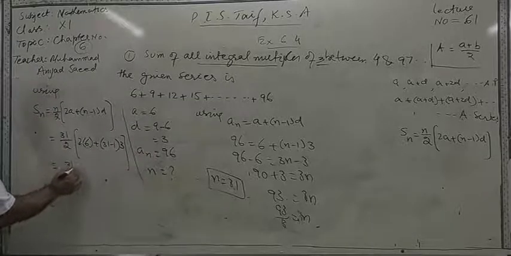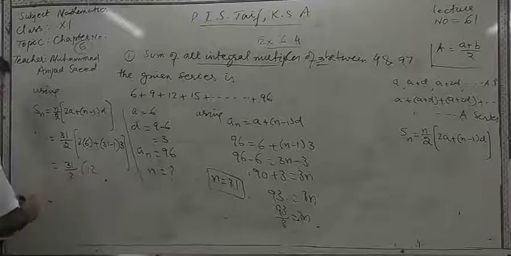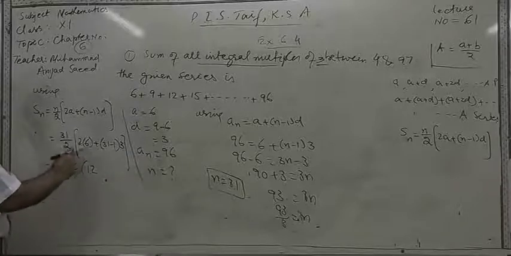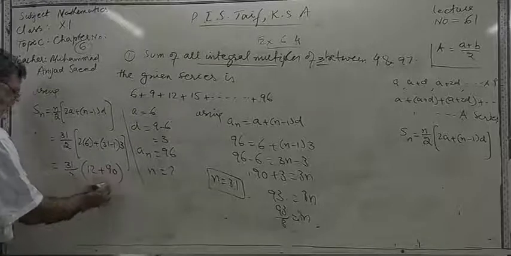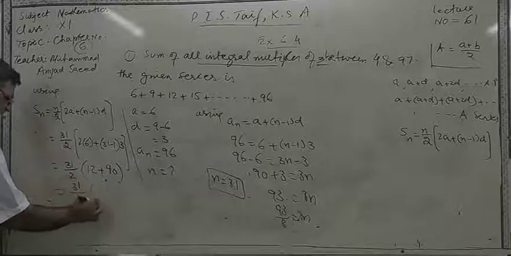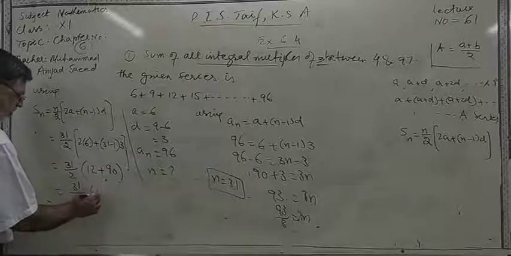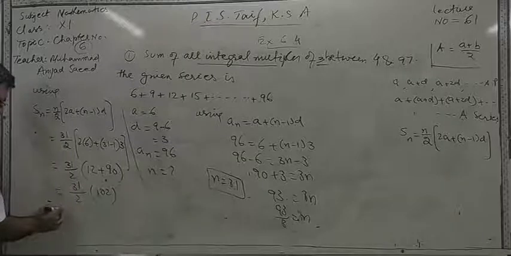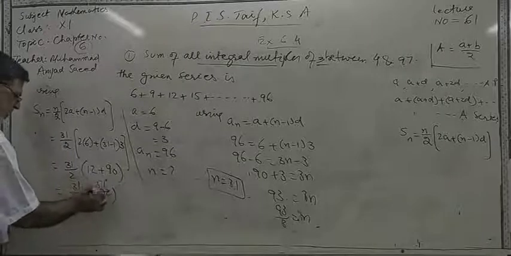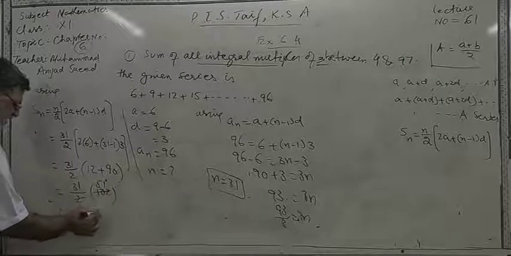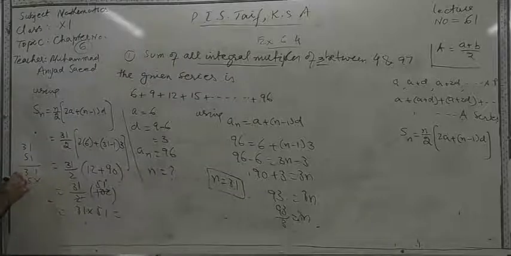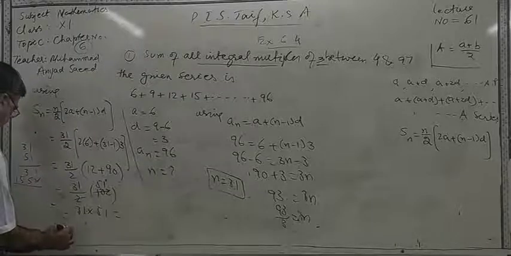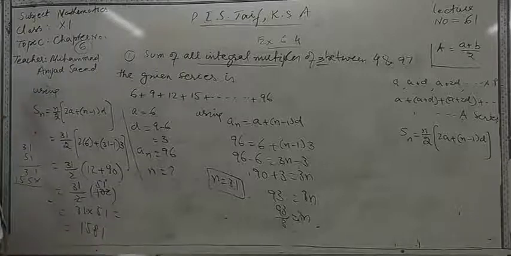Here you can apply: 31 over 2 into (12 plus 30 into 3, which is 90). 31 over 2 into 102. So you can have 31 into 51. You can multiply. It will be 1581.